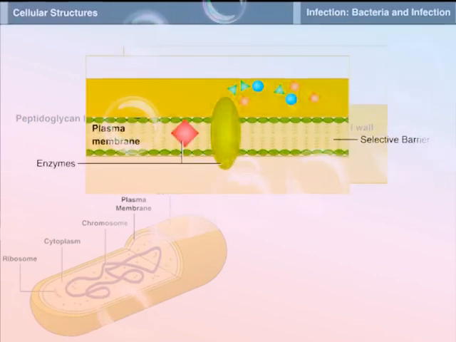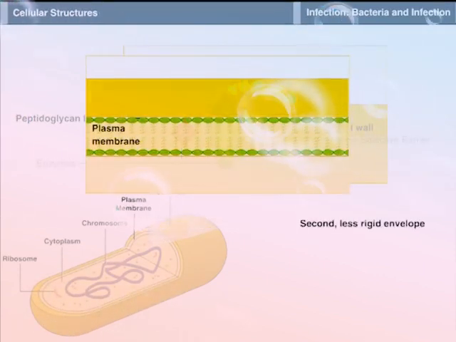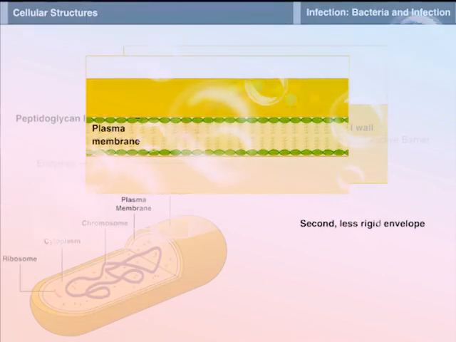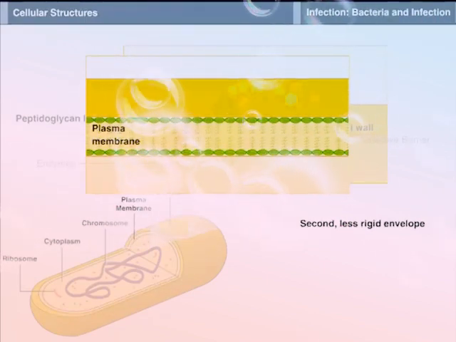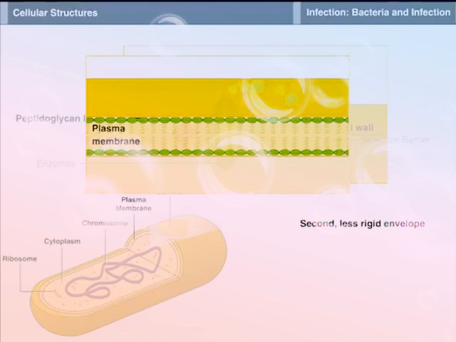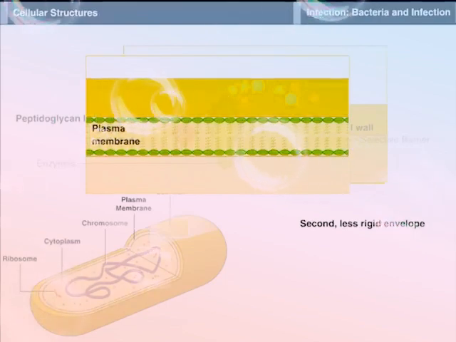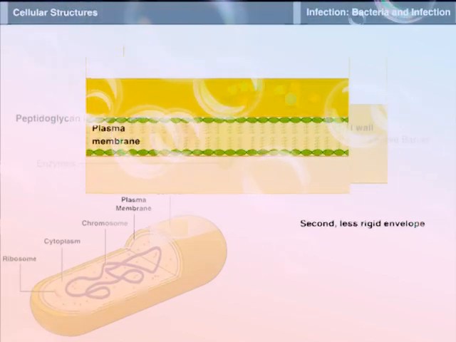Just inside the cell wall is a second, less rigid envelope, the plasma membrane, sometimes called the inner membrane or cytoplasmic membrane, which encloses the cell contents. In bacterial cells, the plasma membrane has two primary functions.